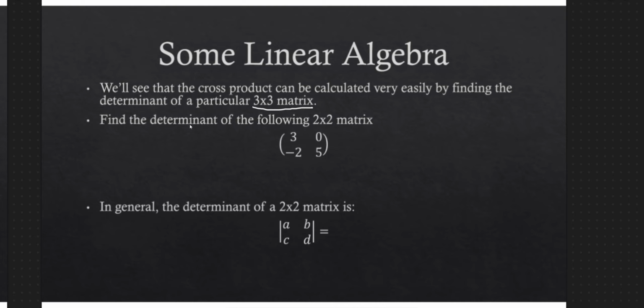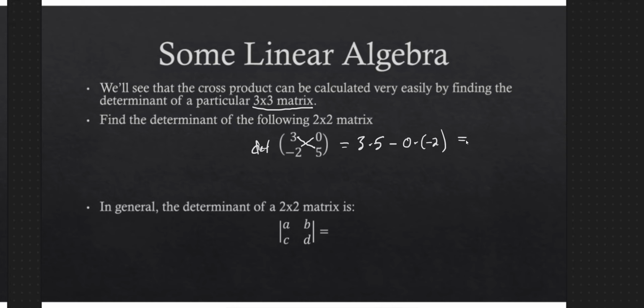To find the determinant of a 2x2, it's easy enough: you multiply these two together and subtract the product of those two. So the determinant of this 2x2 matrix is 3 times 5 minus 0 times -2.